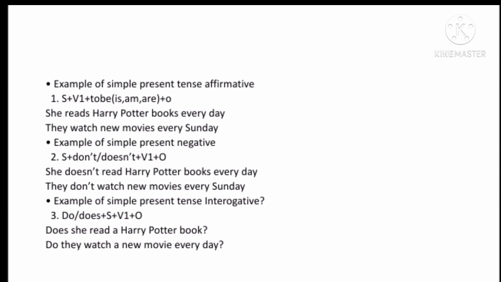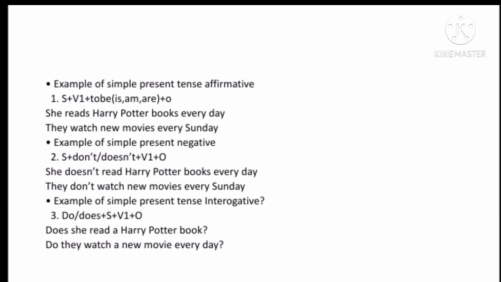Example sentences, simple present tense negative. Pattern: subject plus don't or does not plus verb 1 plus object. 1. She does not read a Harry Potter book every day. 2. They don't watch a new movie every Sunday.